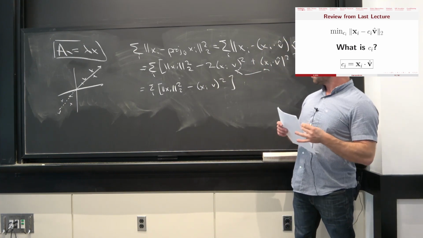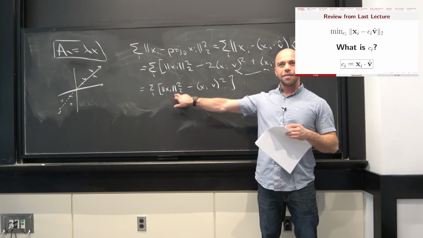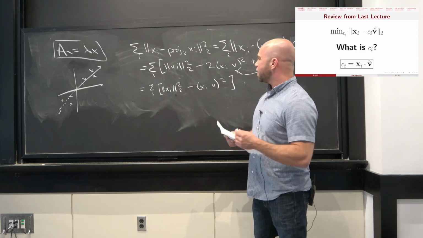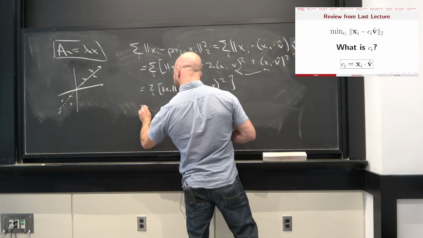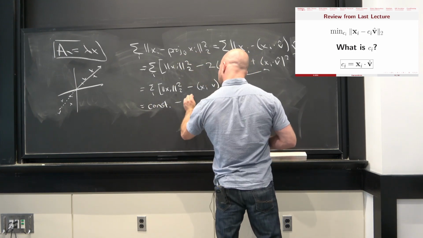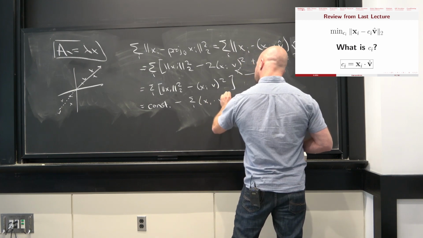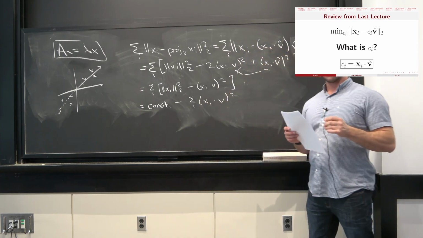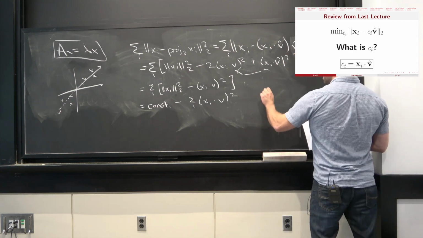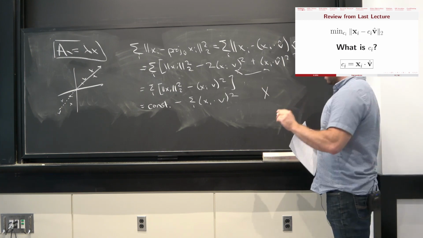Now remember the unknown in our problem is what? It's v. So does this first term contribute anything to our optimization problem? No, right? So really, it's just some constant with respect to our unknown, minus the sum over i of (xi dot v) squared. Okay. So let's define a new matrix X whose columns are the xi's.